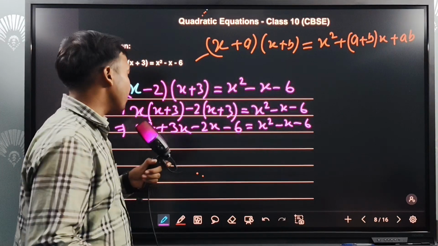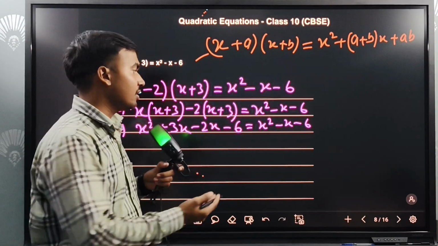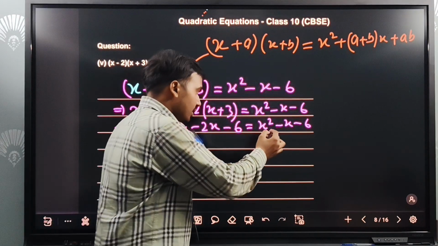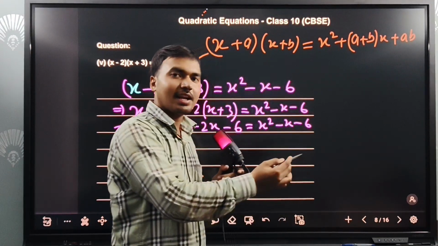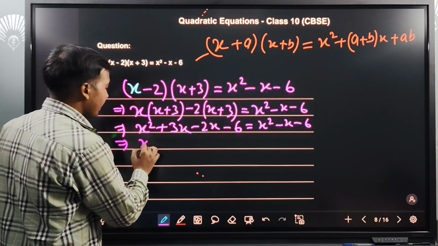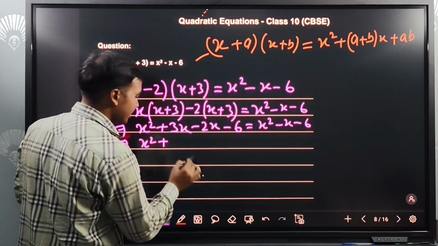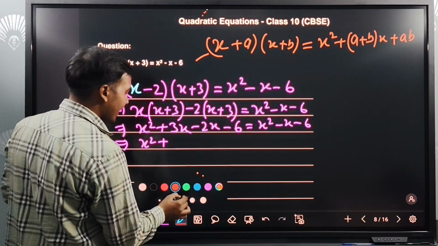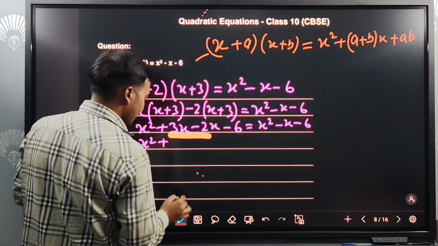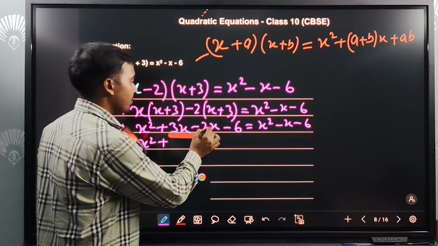Now in the next step, you will add or subtract the like terms and bring all the terms which are present on the right side to the left side. So you will get x square plus 3x. You can see that these both terms are like terms, so we can add them, 3x minus 2x.